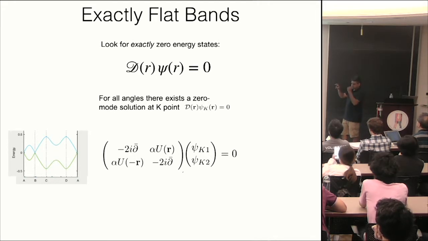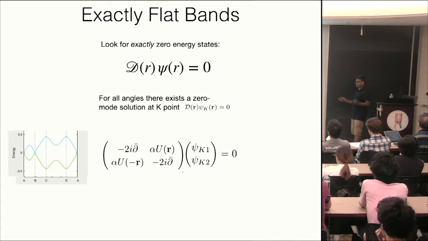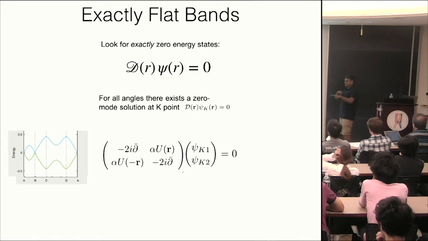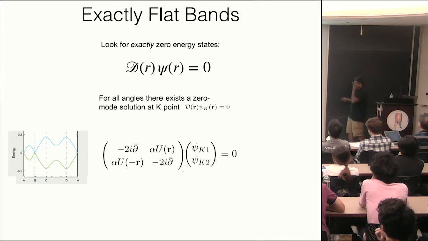If you solve this equation, it actually gives you a zero mode of the entire Hamiltonian. So if you're looking for perfectly flat bands, it's good to solve this equation and ask if it has a solution where the entire band is going to be flat. So that's what this equation looks like.